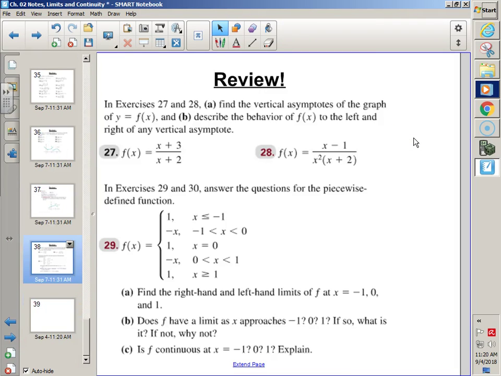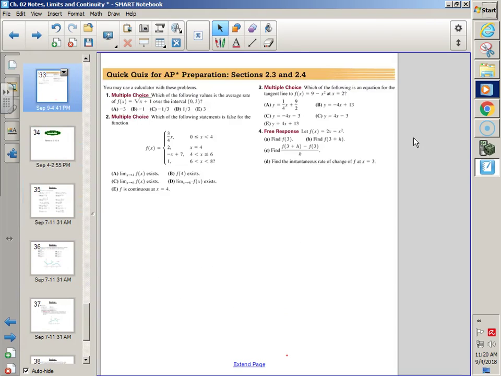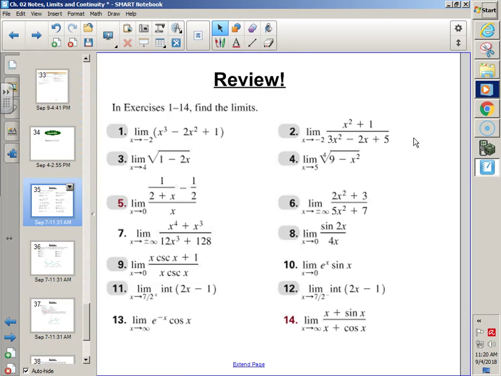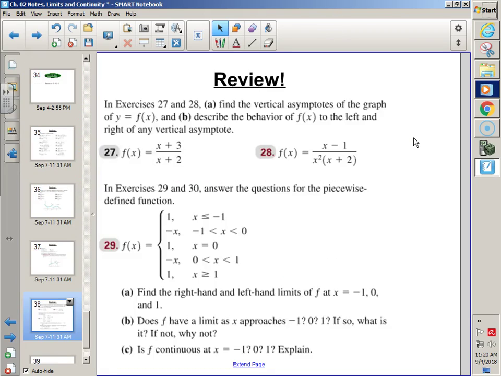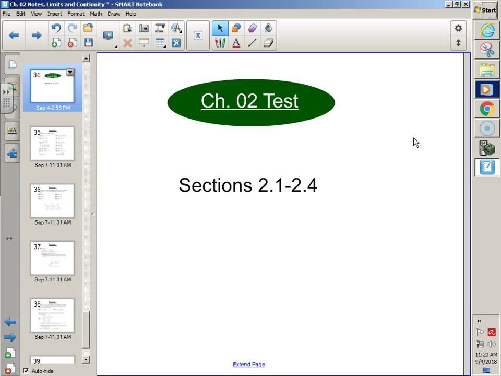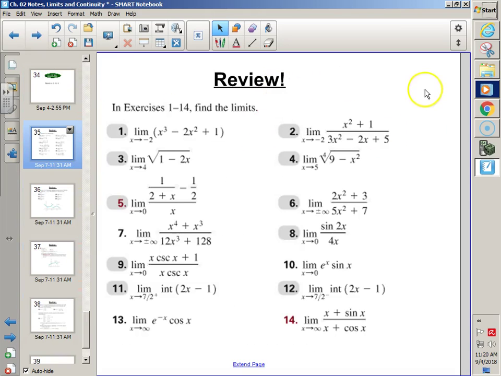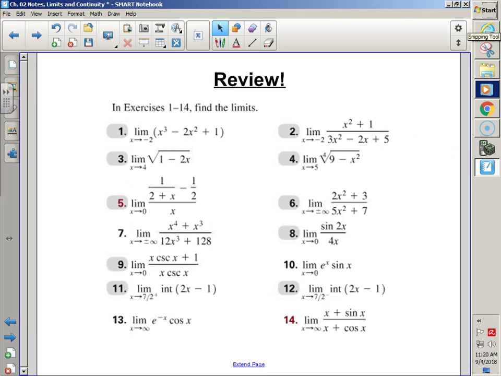Do I already have your pictures taken? I'm checking. What a champ. Okay, this is the beginning of your review. Go team. I'm going to take a picture at the very end to prove a point. But did I give you any problems from the end? Actually, I'm not sure if I did. Let me freeze the screen really quickly so that you can see them.